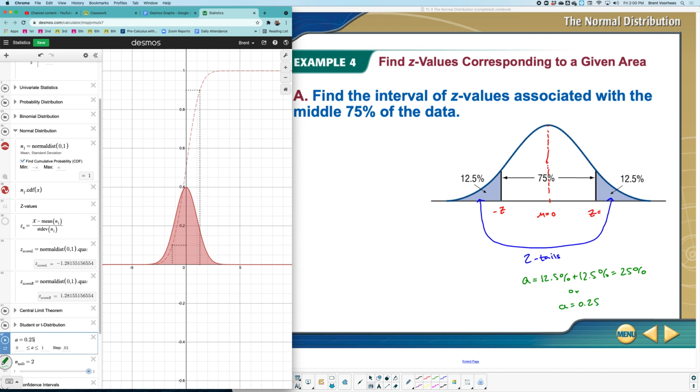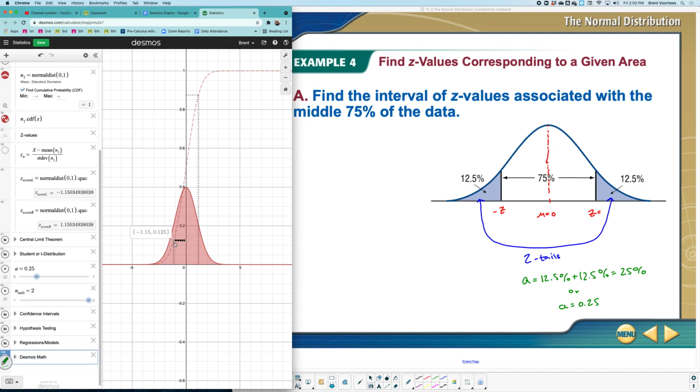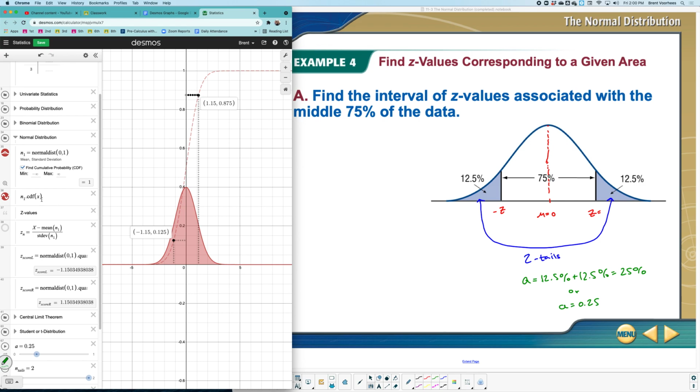A is 0.25. Now this calculator is going to show you that the z-values are these locations where these meet on this graphed cumulative density function. To get 0.125 and 0.875, if you're wondering where's 87.5, it's 12.5 plus 75%, which is 0.875.